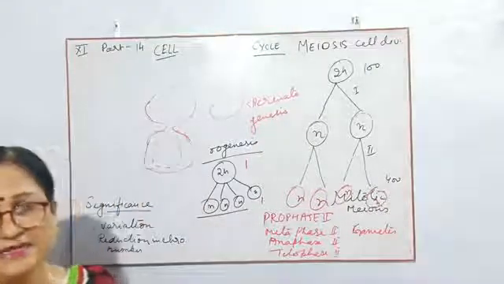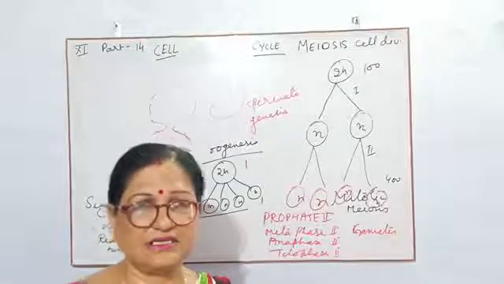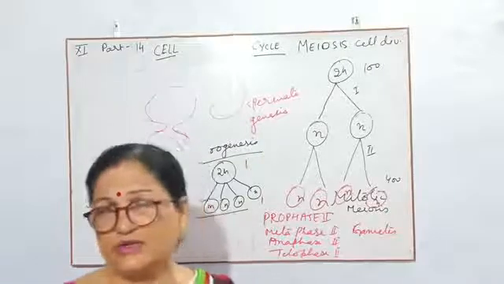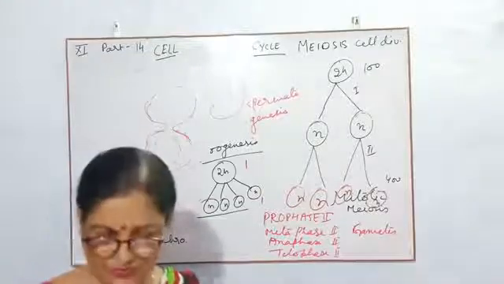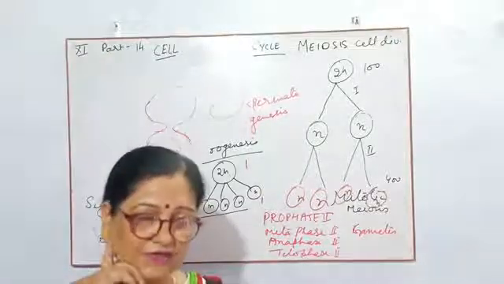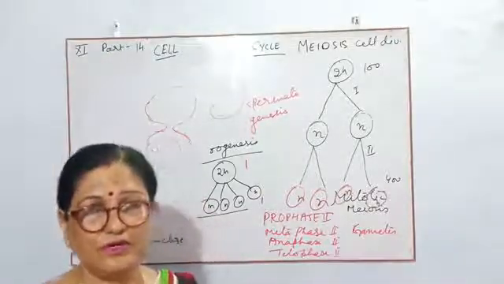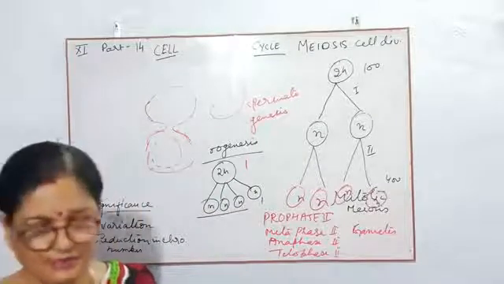But in metaphase in mitosis, there is no repulsive force. Only one centromere will be divided, and half of the centromere will go to one pole and half to the other pole.